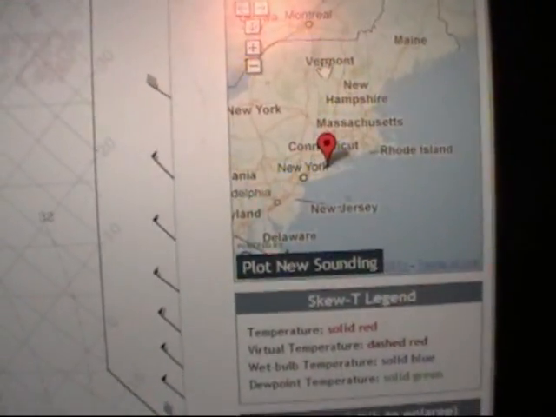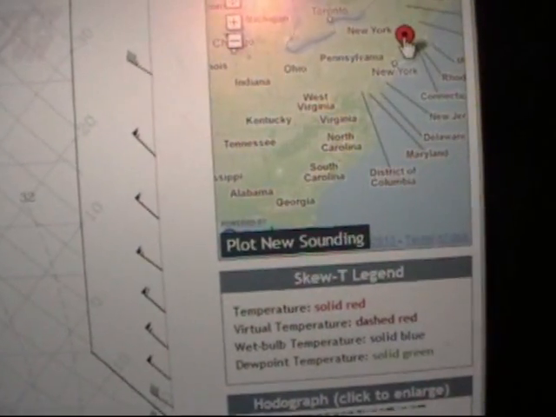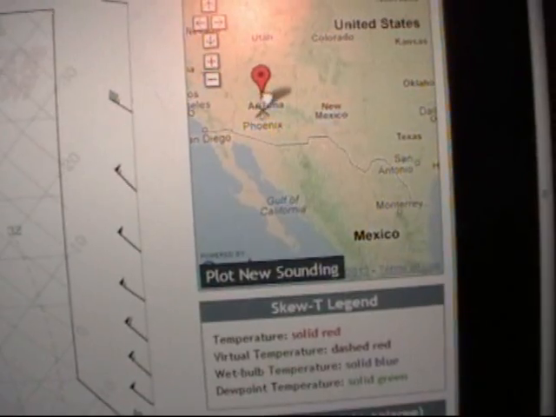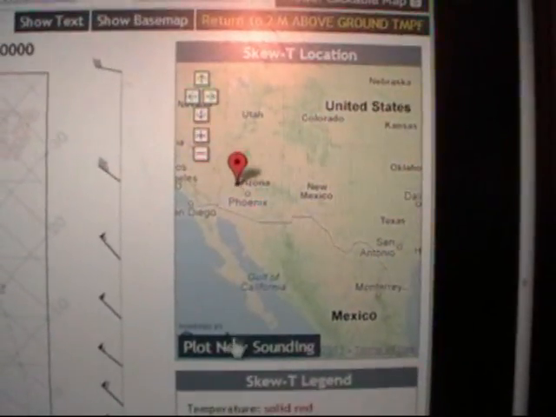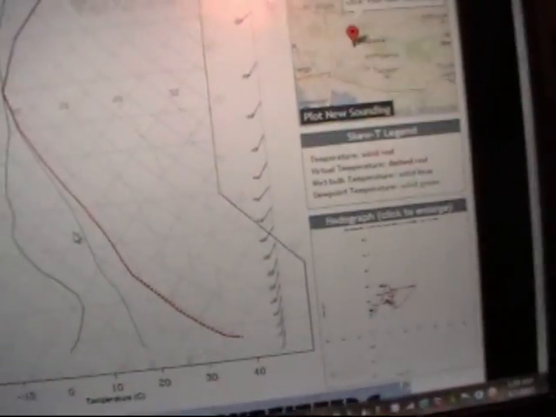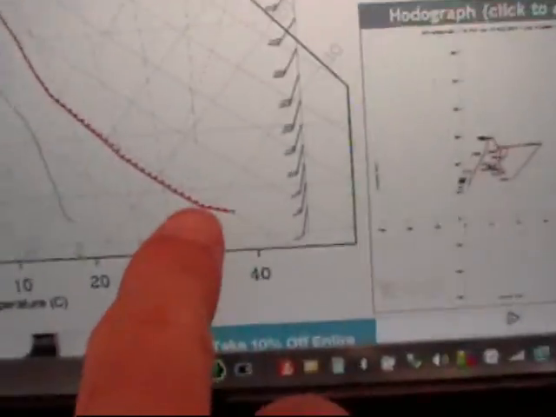If we want to make this interesting, let's go to another part of the country. Let's go to Arizona, where it's deserty. Alright, you can see pretty clearly there are no problems getting lift there.